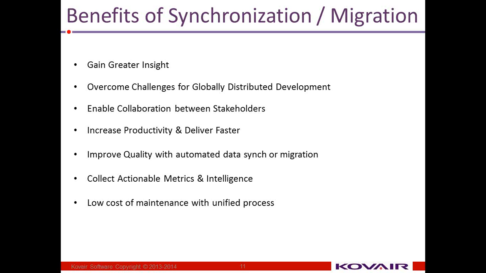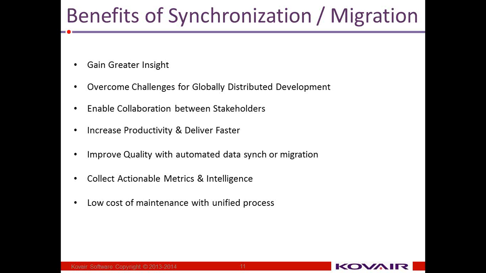Next, collect actionable metrics and intelligence. Once you have synchronized two tools and you are bringing the artifacts across two different tools into a centralized position, you are in the position to derive metrics like the defect removal percentage, the defect distribution, the defect density, delivered defect density, or the project health.